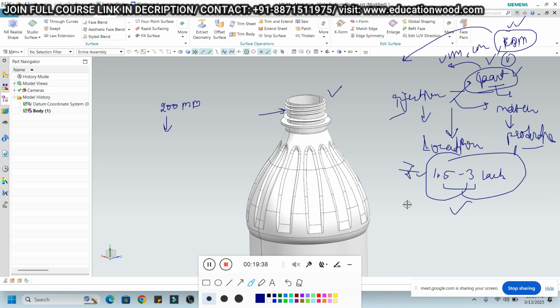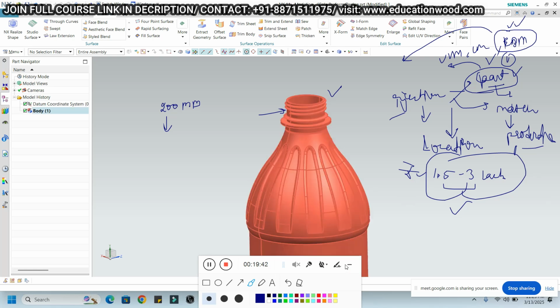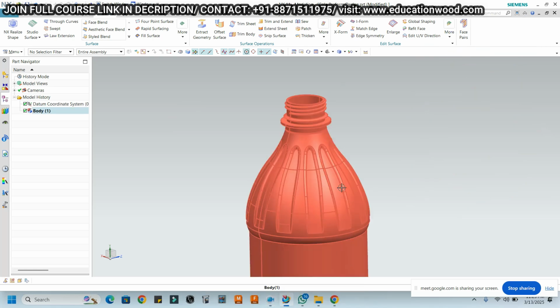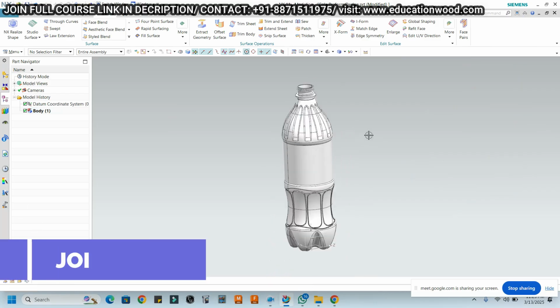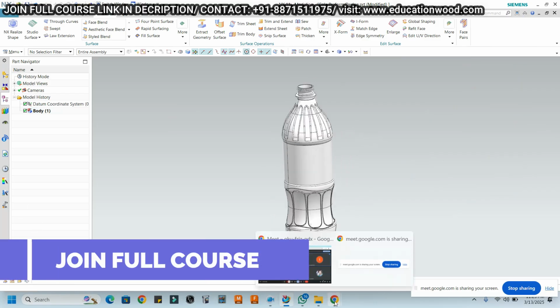I asked you about some components: if the mold is manufactured in Italy, the cost is like 40 lakhs in Indian rupees.